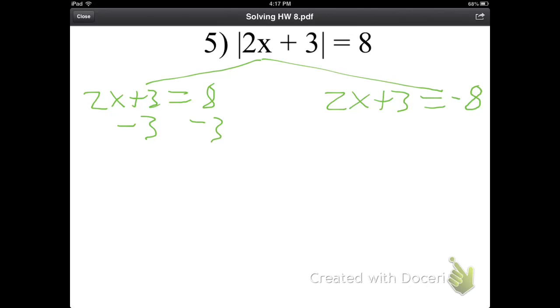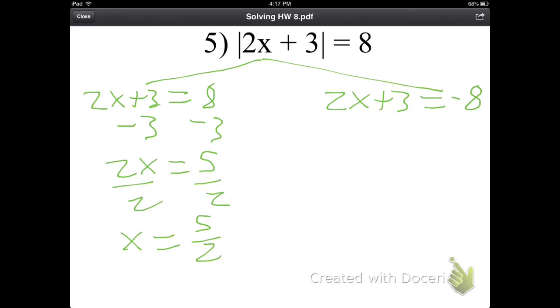Let's subtract 3. Now we've got 2x equals 5, because 8 minus 3 is 5, and we'll divide by 2, and we get x equals 5 over 2. Some people think that's 2.5. That's because it is. But we'll just leave it as a fraction. Right side, we're going to take the same steps.